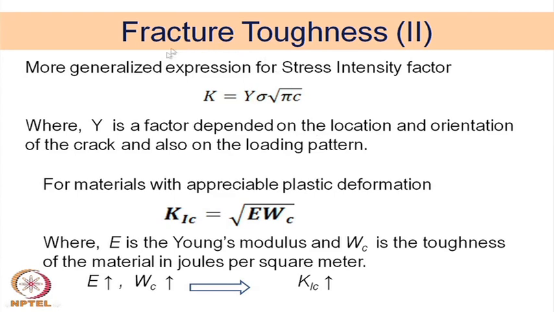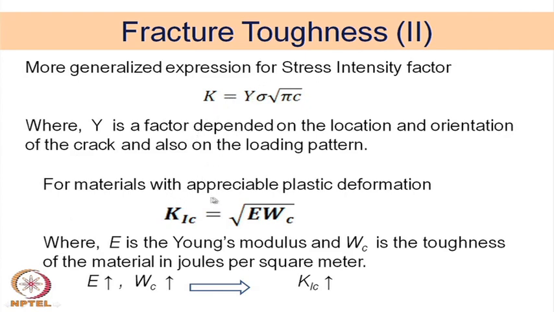So, depending on that, there will always be a multiplying factor. So, Y is a multiplying factor which ultimately gives you the stress intensity factor, related to the applied stress and the critical crack length. So, in addition to the applied stress and crack length, you have another multiplying factor Y, which is dependent on the various different nature of the crack or the loading pattern.